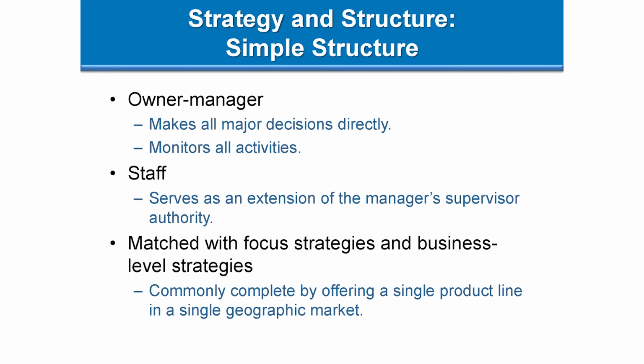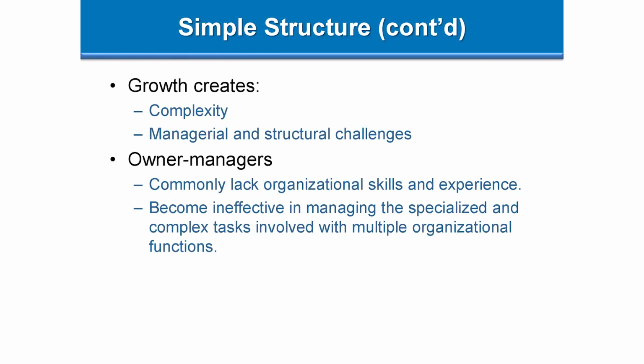Let's begin with the simple structure. A simple structure, which is usually composed of an owner as the manager and some staff, usually matches with business level strategies and focused strategies, because many firms in this structure focus on a single market competition.